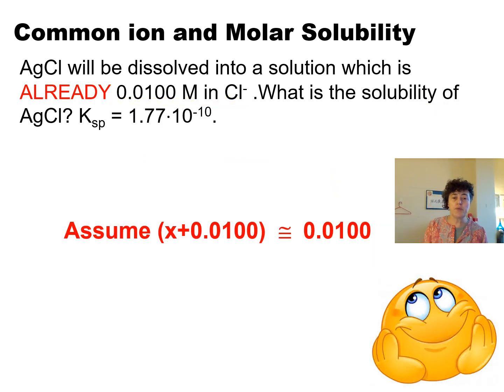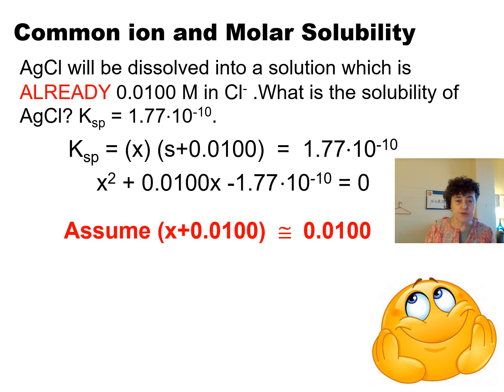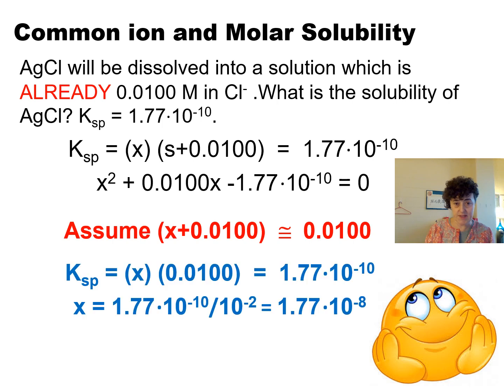So we can assume that when we're adding x to 0.01, especially if we are using proper significant figures, the result is going to be pretty much unchanged. If we do that simplification in the equation from the other slide, we get a much simpler algebraic expression that we can solve easily.